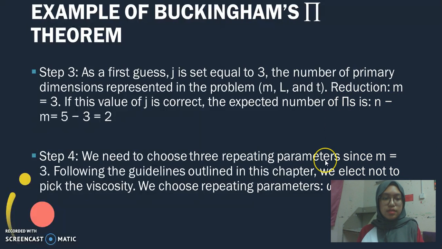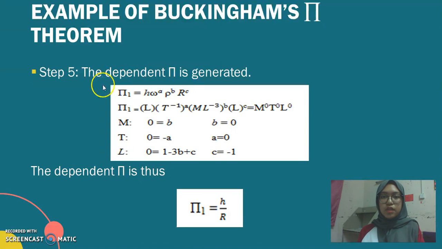So next, for step 5, we will generate the dependent pi. For the first pi, the dependent variable is going to be our constant. It is almost the same as the Rayleigh method, but instead of the constant, we use the dependent variable as our constant.